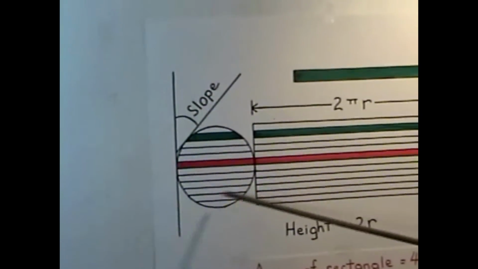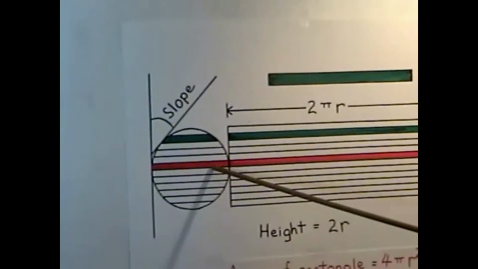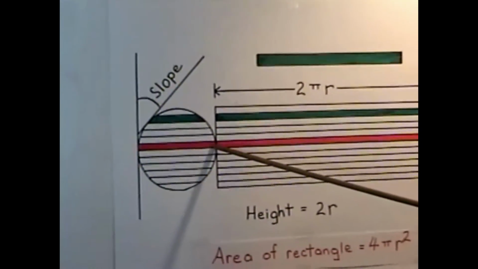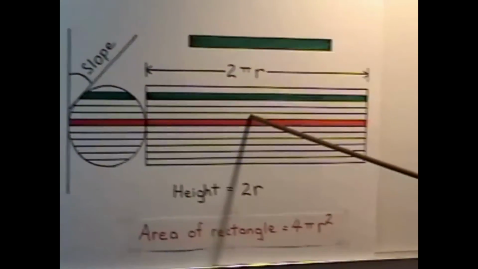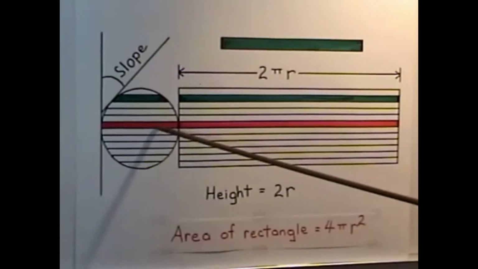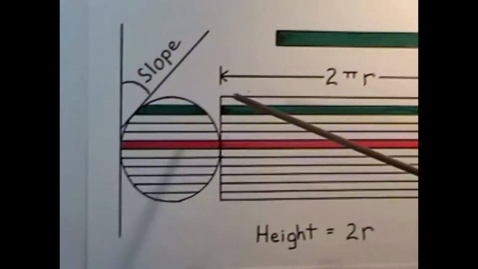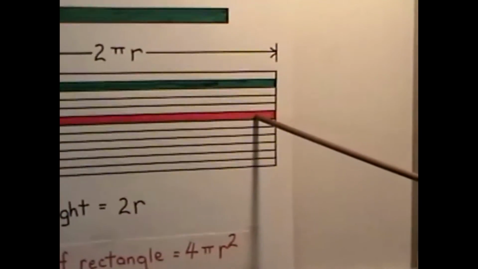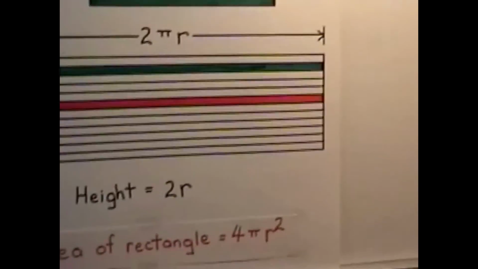And remember, this really is a sphere. It's not just a circle. So the length of the stripe here actually equals the circumference of the sphere, which is also the width of the rectangle. So this stripe on the sphere has the same area as the corresponding stripe on the rectangle.